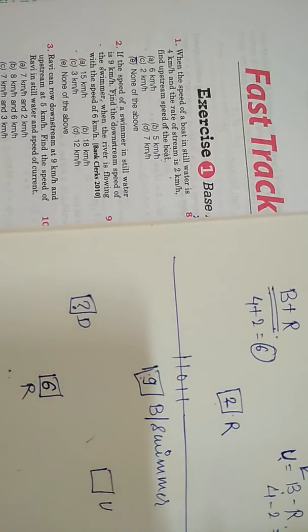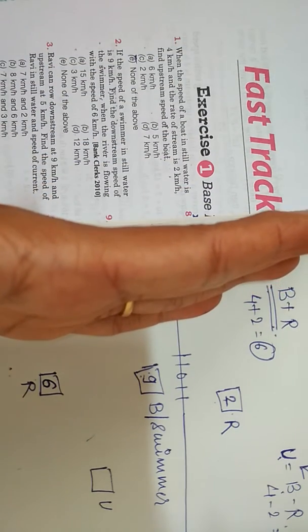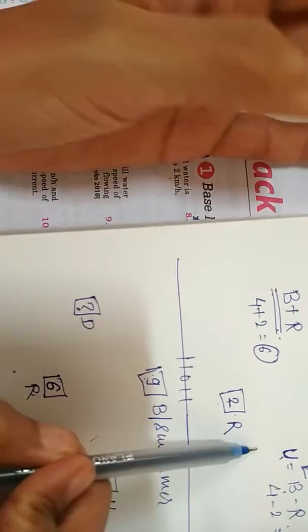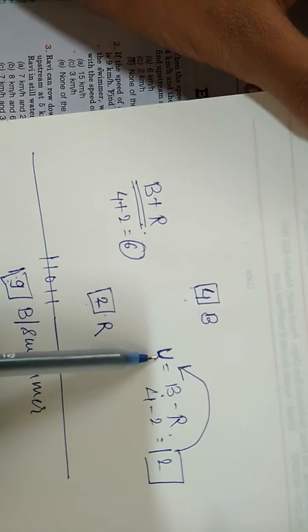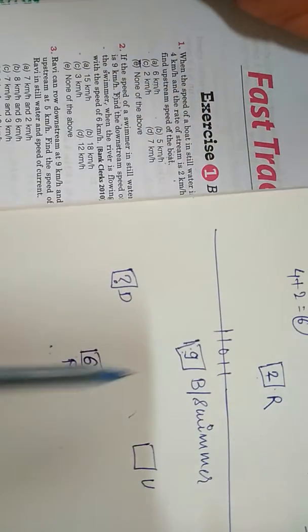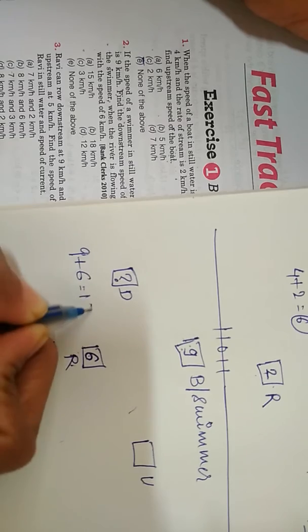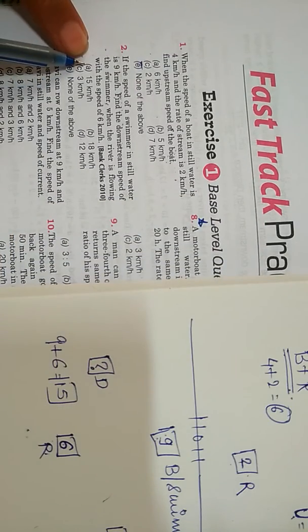Learn the directions. If you have to find the downstream, you add boat and river. And if you want to find upstream, as we found in the first example, you subtract river from boat. So 9 plus 6 is 15. And this is your answer, 15.